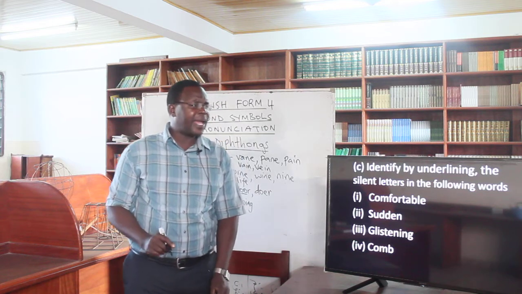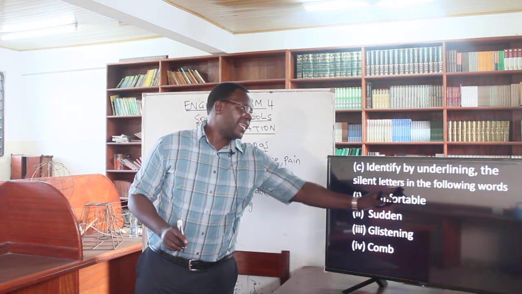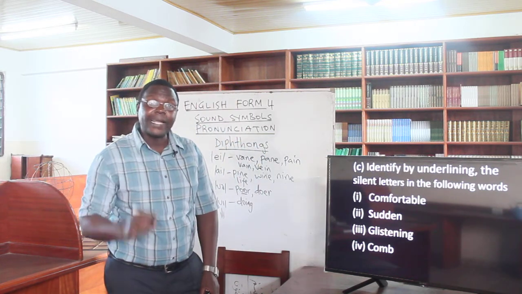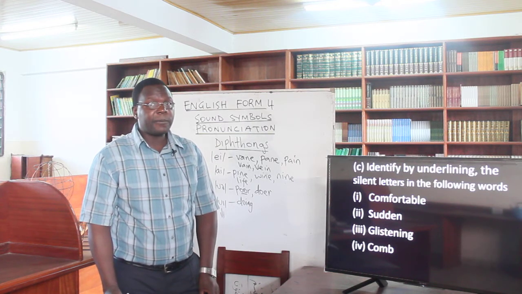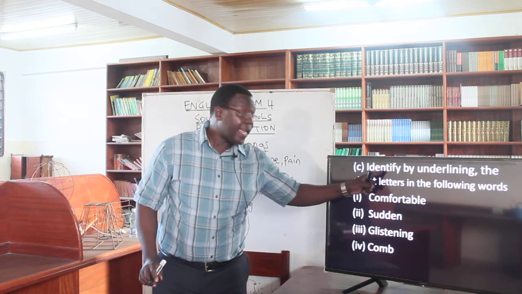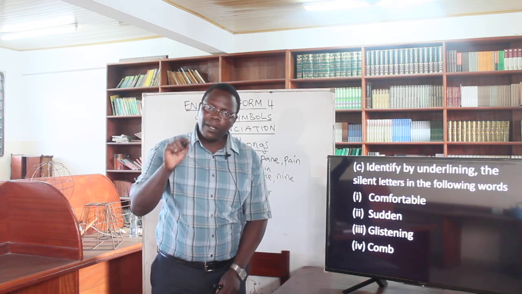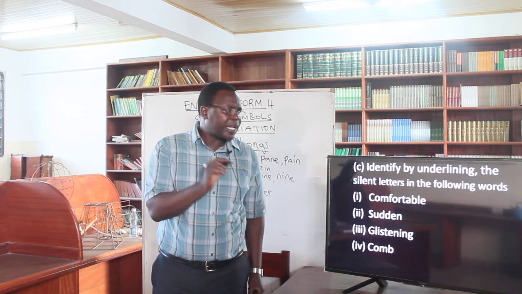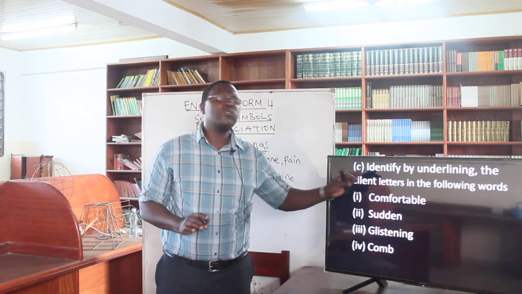If the examiner left it at this, identify the silent letter, you can do anything. You can even circle, you can even tick. Am I clear up to there? You can identify in any manner. You can circle, underline, tick, or put a dot, in any manner that you feel is possible for you to identify.